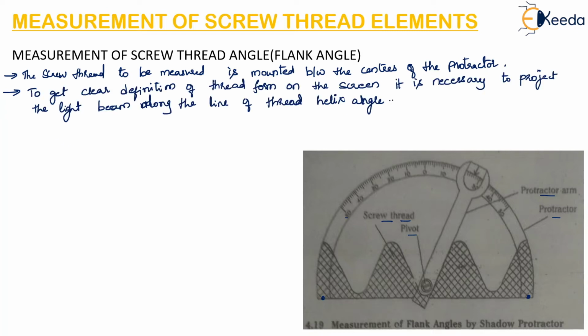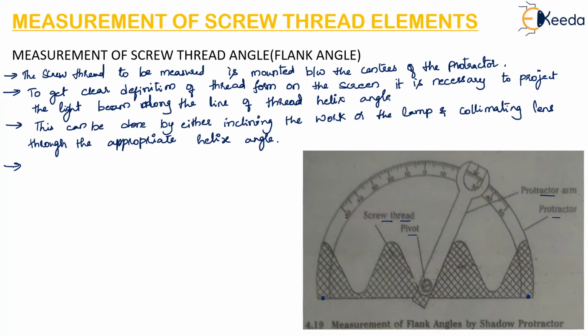This can be done either by inclining the work through the appropriate helix angle, or by inclining the lamp and the collimating lens unit along the appropriate helix angle.